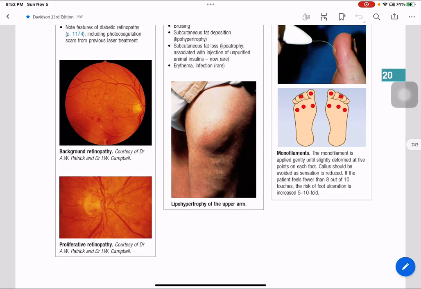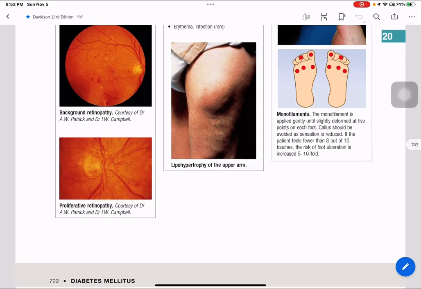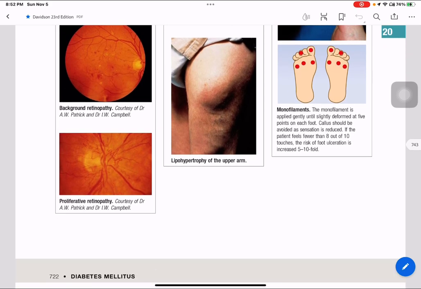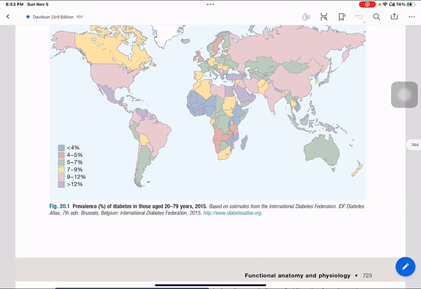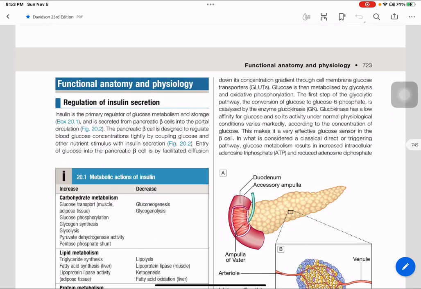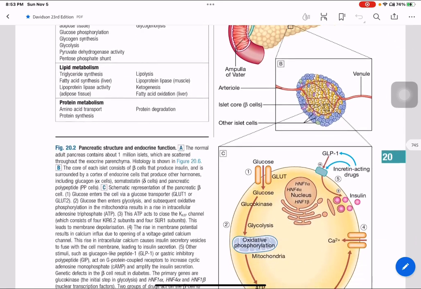Ultimately, this loss of sensation can result in poor circulation, different sorts of ulcer, and different sorts of long-term complications, mortality and morbidity.